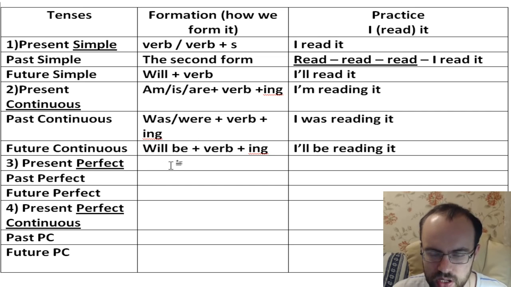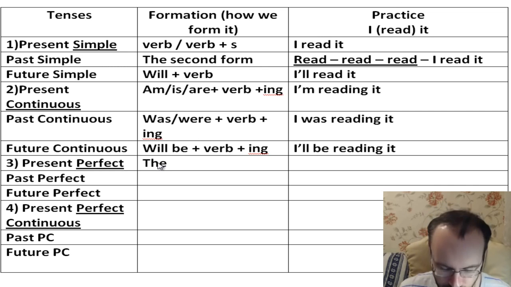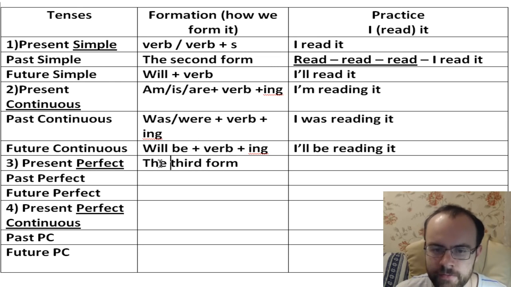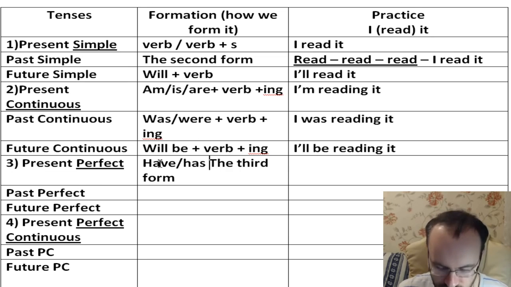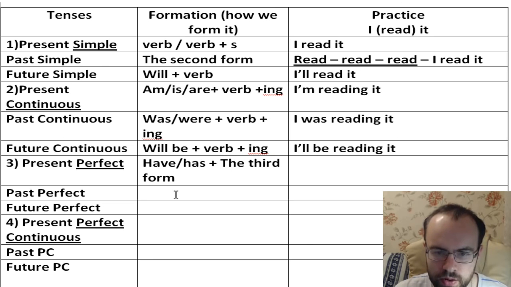Present perfect. You need to remember that if you're talking about perfect tenses, you use the third form. You need to know regular and irregular verbs to form it. It's have or has plus the third form.